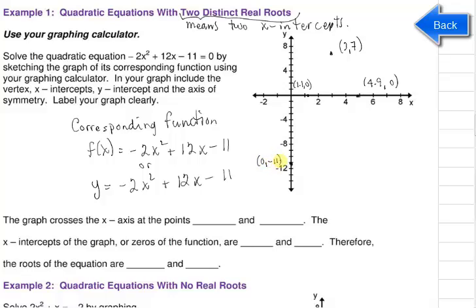And we will have an axis of symmetry that goes through where x is equal to 3. So we draw a dotted line through there and label it x equals 3. And so we will draw our parabola in.